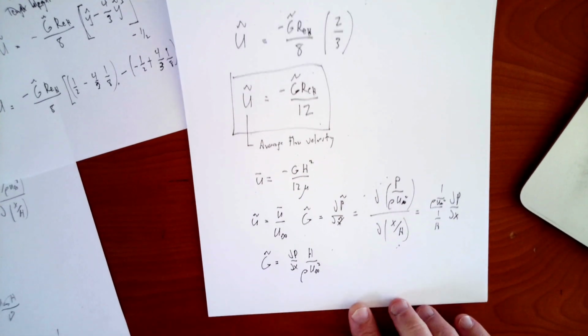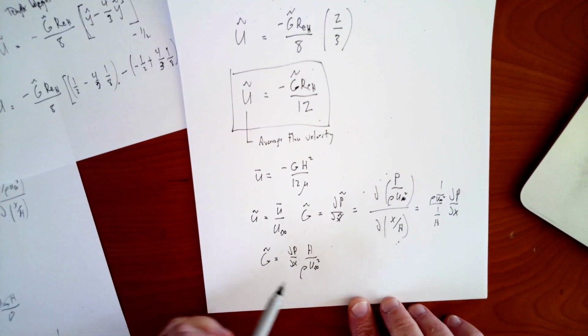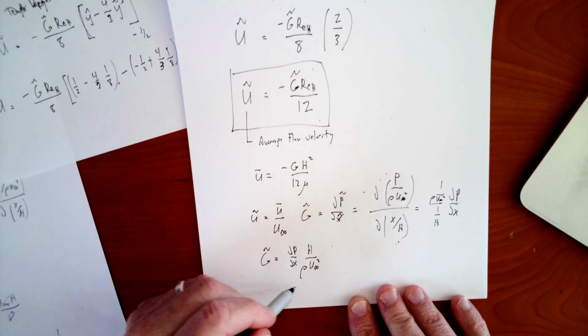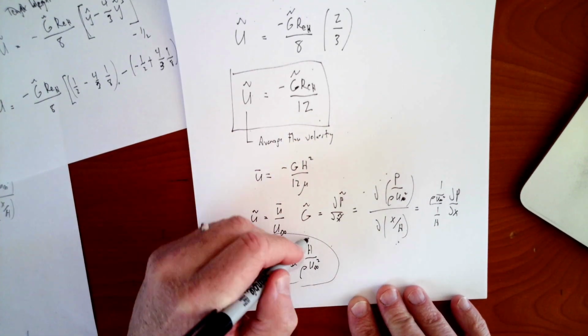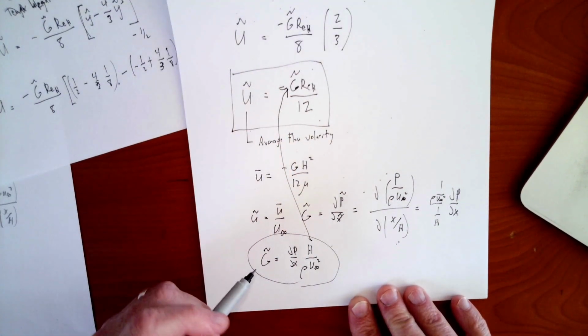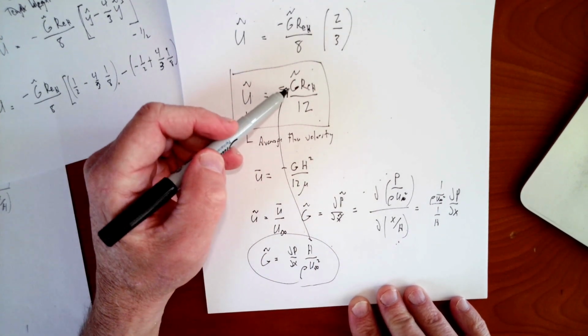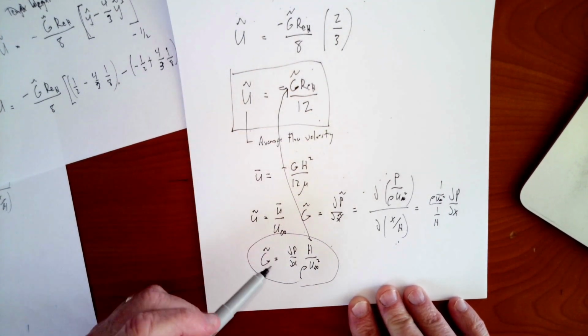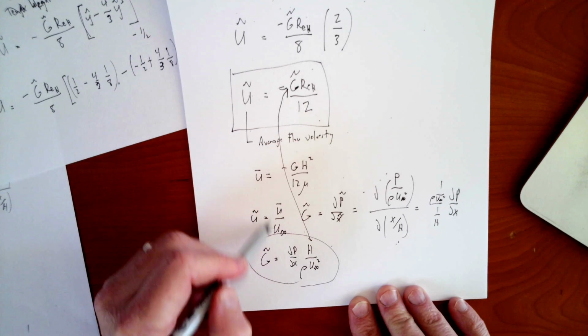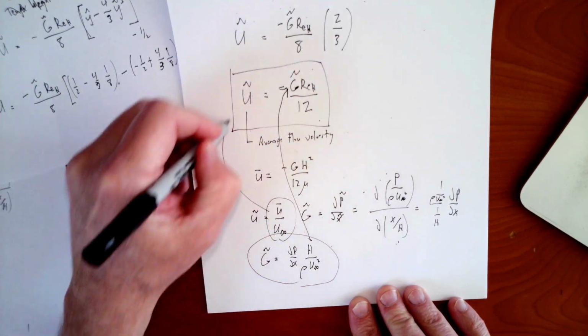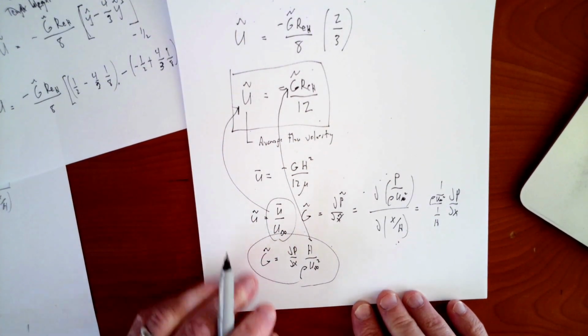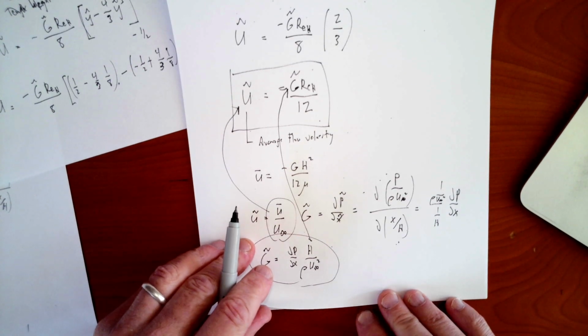That's my relationship there. Now I'm going to plug this into there for my pressure gradient, and plug this into here for my dimensionless velocity and see how I do.